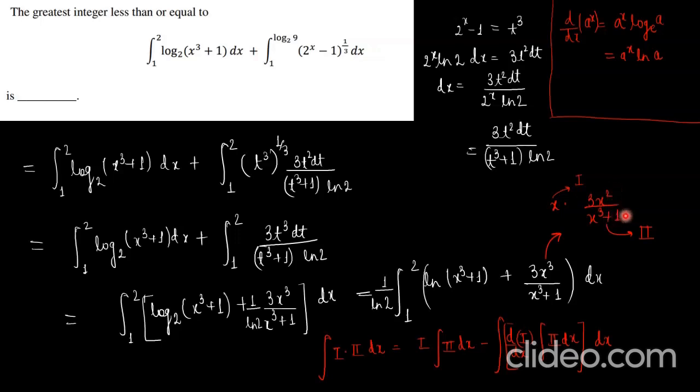Let me suppose it as v, so I will be getting 3x² dx as dv. So dv upon this will become v, so ln v, and in ln v we will again substitute v as x³ + 1.